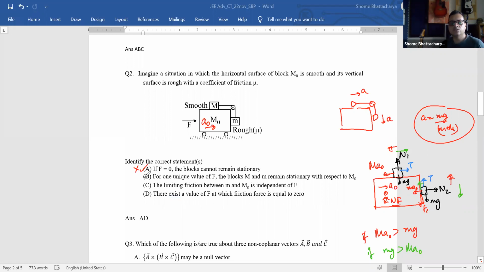So there's a range of values of a naught for which there's equilibrium. That means F should be greater than a minimum and less than a maximum. So this option becomes wrong.